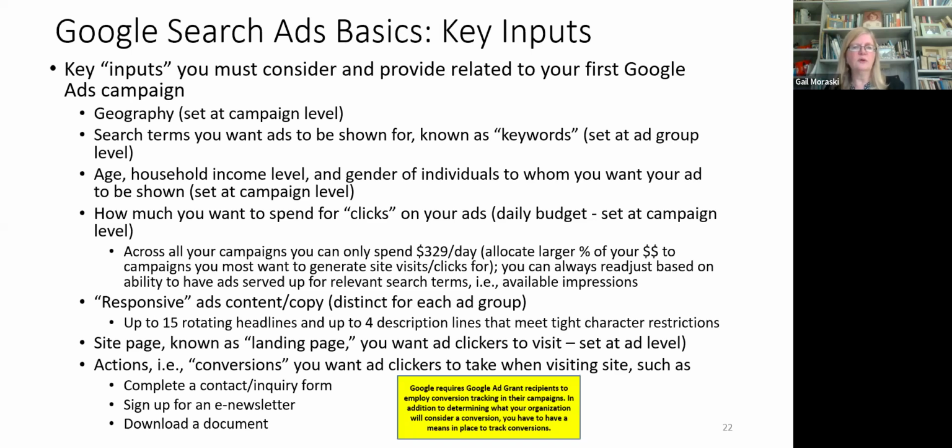So you may know that your nonprofit tends to serve people of a certain age, a certain gender, a certain household income. You can target further by indicating in Google Ads that you only want ads served up to people who meet those particular demographics.